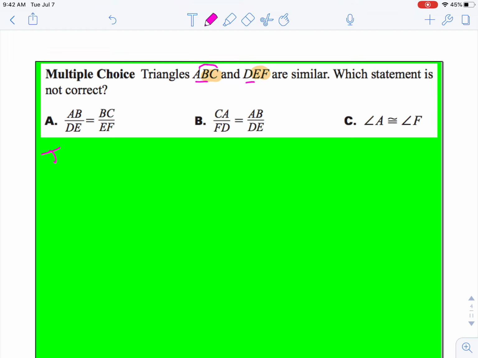CA compared to FD would be in the same ratio as AB to DE, so that's true. The last one says angle A and angle F. Angle A should correspond to and be congruent to angle D, not F, so that is false.